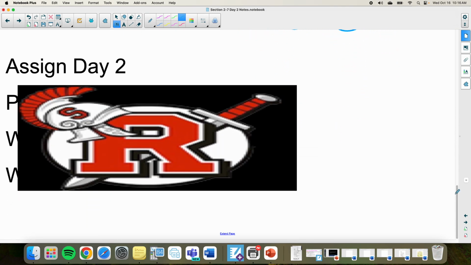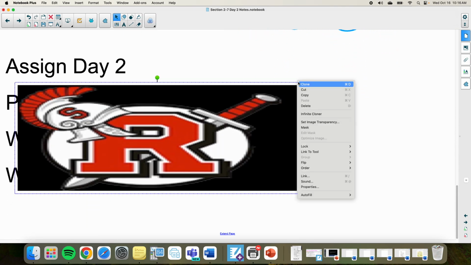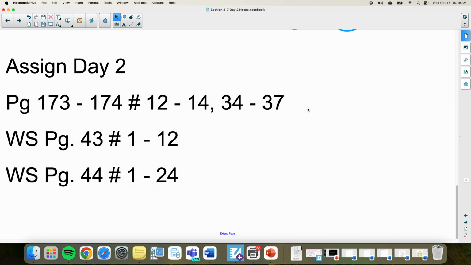Now your assignment for today: these are going to be in the book and these are going to be on a worksheet, but a lot of them are quicker. There's some that are going to take you a while, but some of them are quicker. So I will get you the worksheet and then you're going to do the book ones.